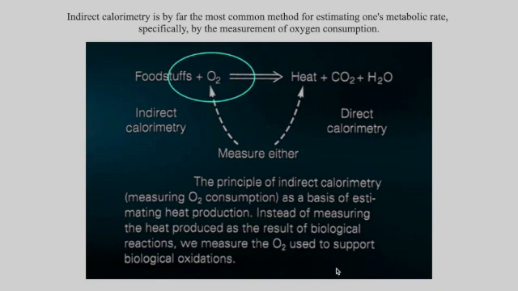And as you see here, basically you have your nutrition consumed by O2: you're inhaling O2, you have your nutrition already in, and then you're producing heat, carbon dioxide, and H2O, or water. All right.